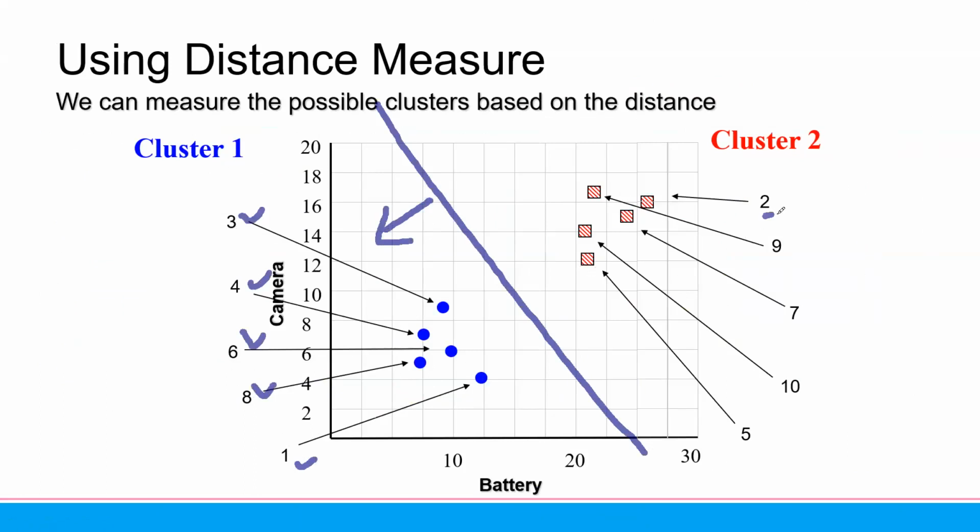But data 2, 9, 7, 10, and 5, after I plot, are in the upper side. Then I can say that the data here belongs to cluster 1, and the data here belongs to cluster 2.